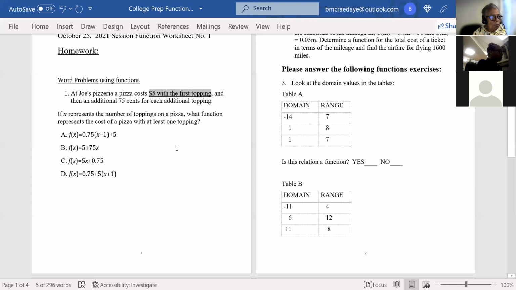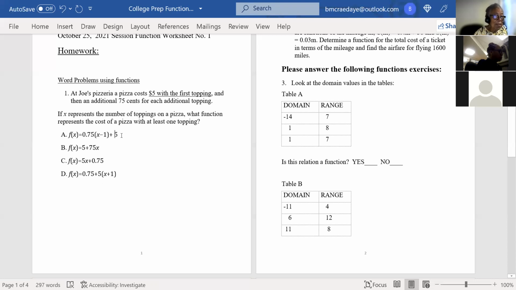No, you're going to pay the $5 right up for the pizza. So it's going to be 5 plus what? 5 plus how much? You've got two toppings. Oh, 0.75. That's it.